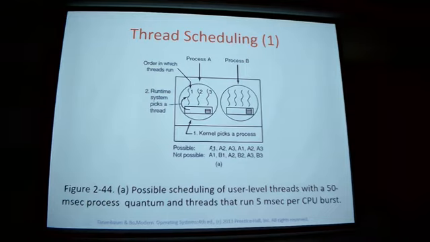The first letter is A, so it means that the thread is in process A. On the contrary, this B3 is also a thread, but in process B. So the runtime system picks thread 1, then thread 2, thread 3, thread 1, thread 2, thread 3.